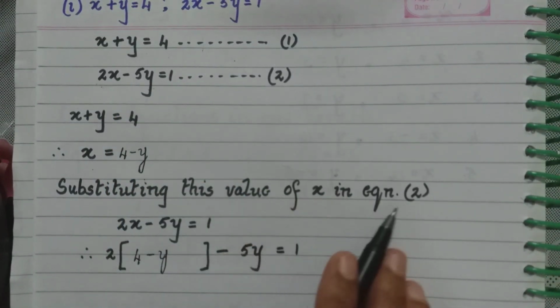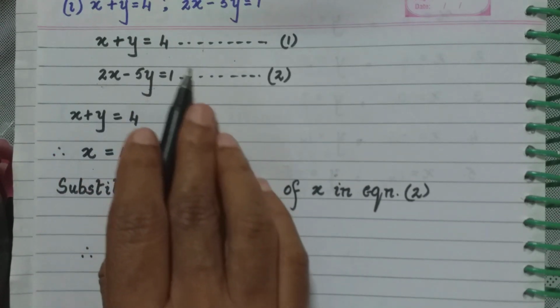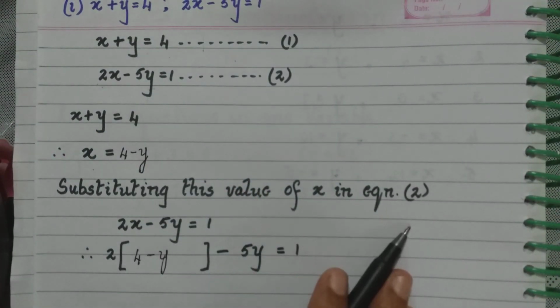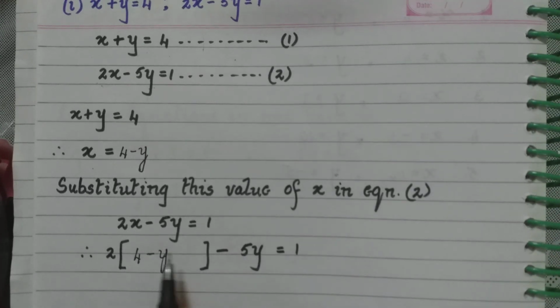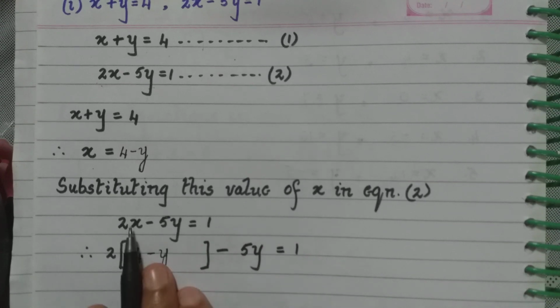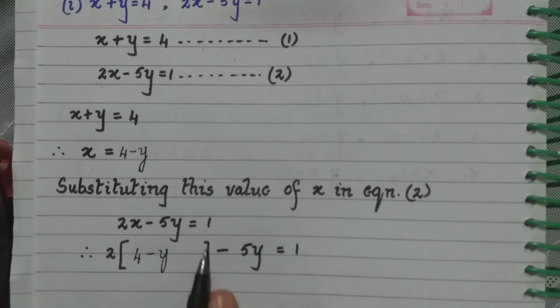So you have to substitute this value now in the second equation, which is equation 2, that is 2x minus 5y equal to 1. Now, you have put in place of x 4 minus y, and that is in bracket. And you know that when we write a bracket, it means we are multiplying.